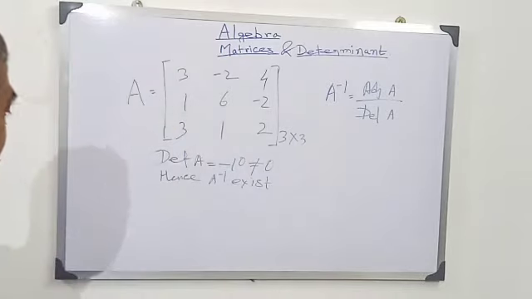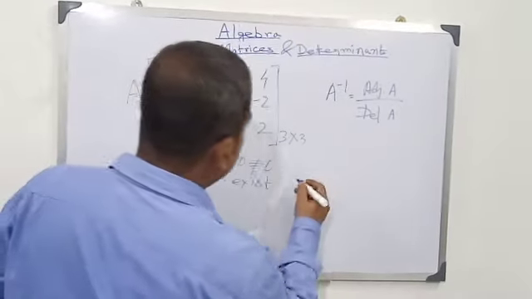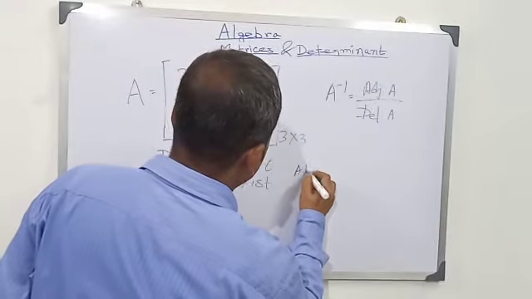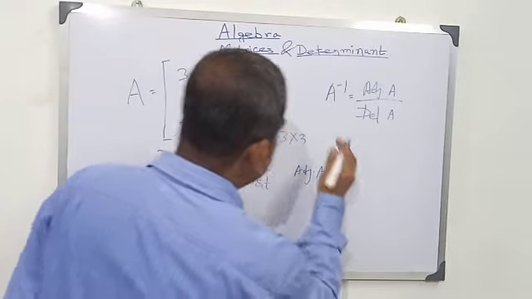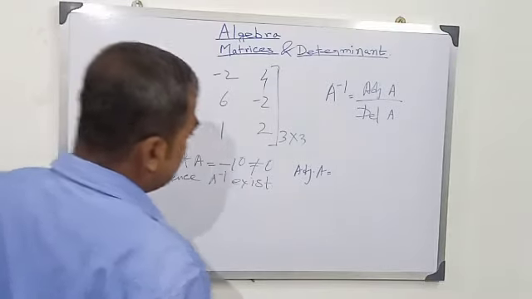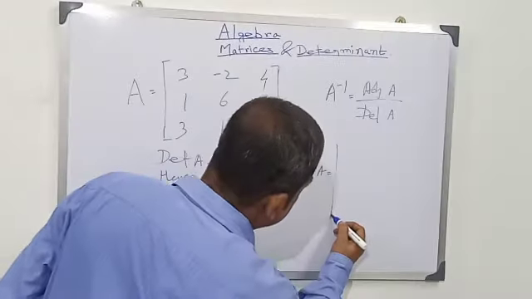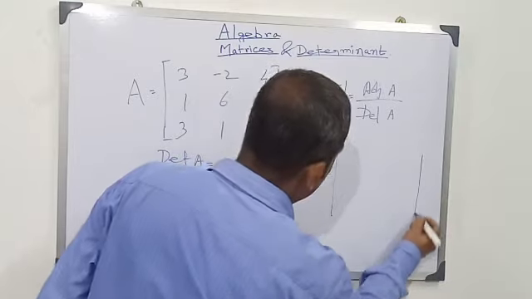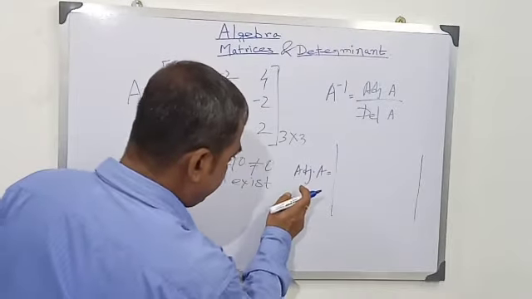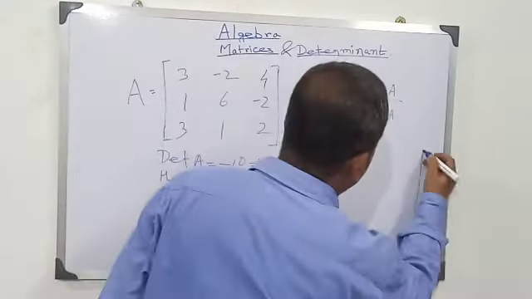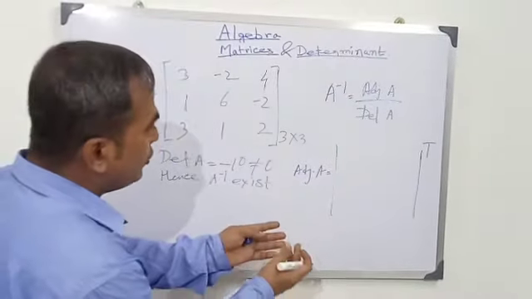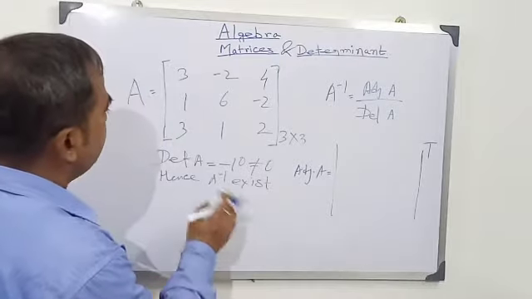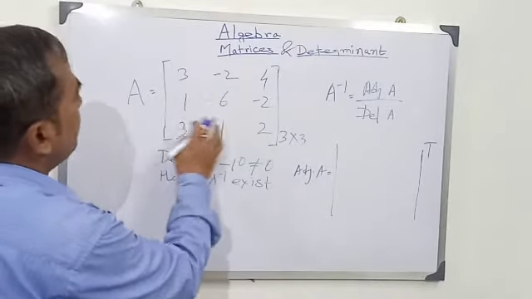Now I have to find out the A inverse. I have to find out first adjoint of A. Now what is adjoint of A? Adjoint of A is found by taking the transpose of the matrix which is formed by taking the cofactors.